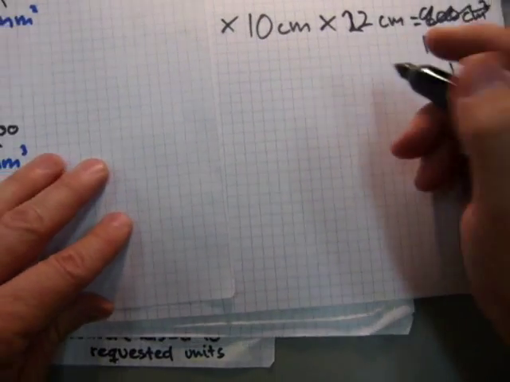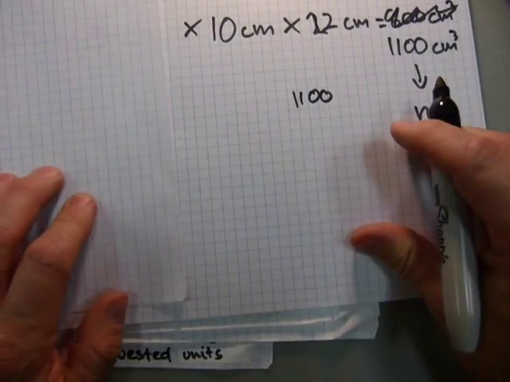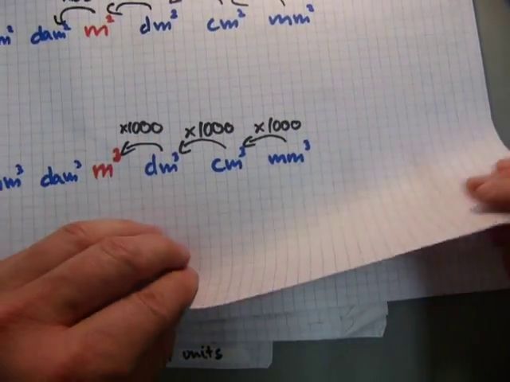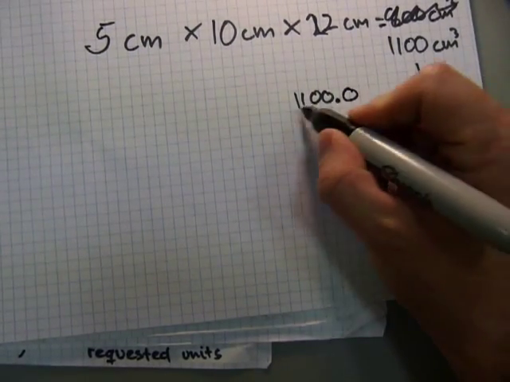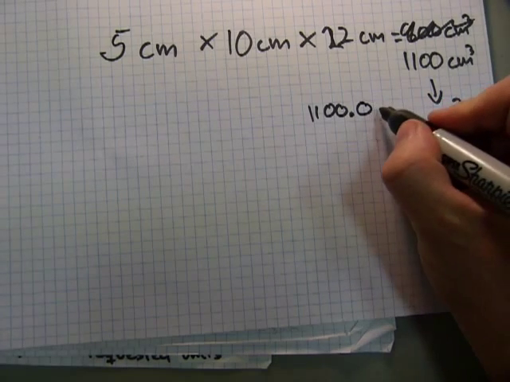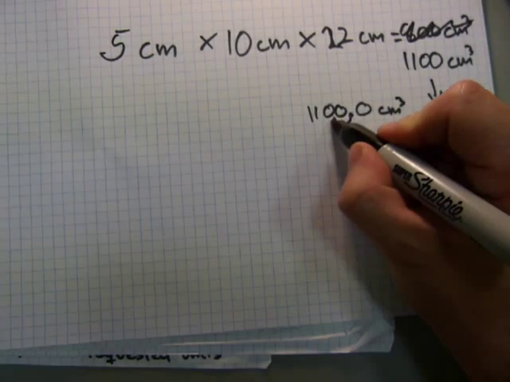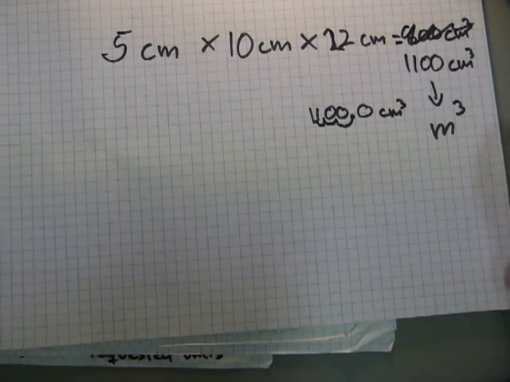Okay, so you write down 1,100, and that one has 3 zeros and that one has 3 more zeros. So you're moving the decimal dot from here, because 1,100 is the same as 1,100.0 cubic centimeters. So you go 1, 2, 3. So that's 1.1 cubic decimeters.